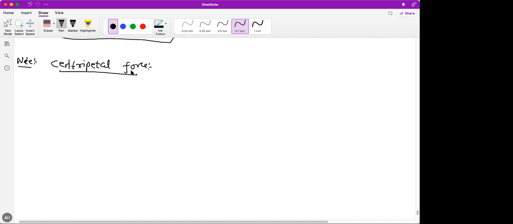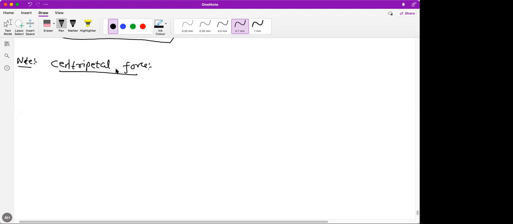Does anyone of you remember what is centripetal force? Where do we use this concept? In circular motion.